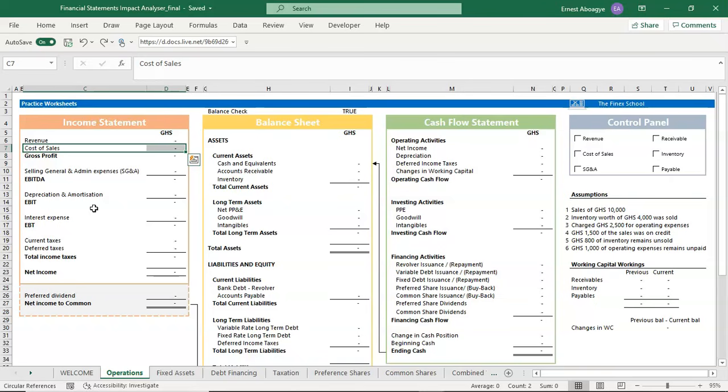Now, some other costs can also be variable cost, and this is when the costs are volume driven. In other words, the cost increases when the volume produced increases and decreases when the volume produced decreases.